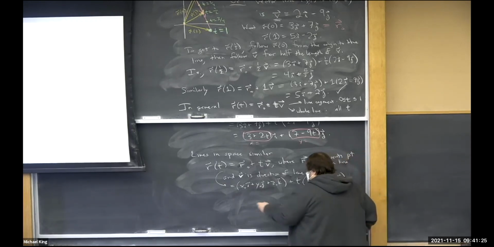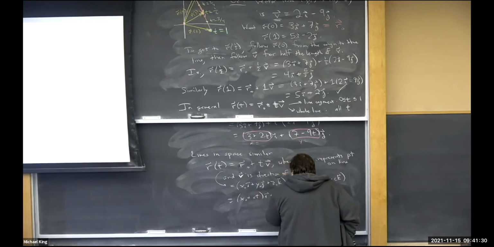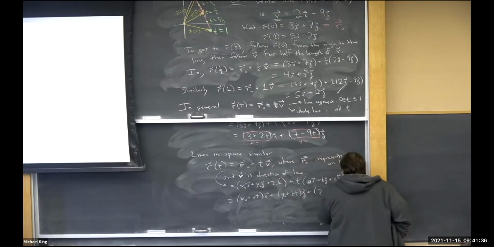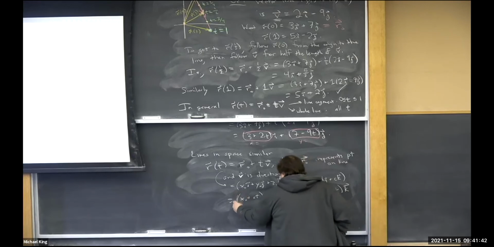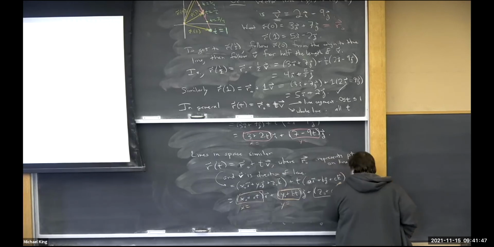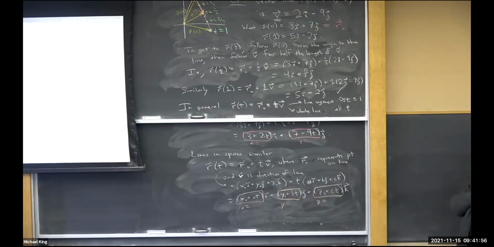And then you wrote all this out, you would get X naught plus AT I, Y naught plus BT J, Z naught plus CT K. And so this is your X equals that, Y equals that, and Z equals that. And again, if you wanted a line segment, you could do from 0 to 1. And that would just go from the tail of ABC to the tip of ABC on the line. Or you can do the whole line. Makes sense.